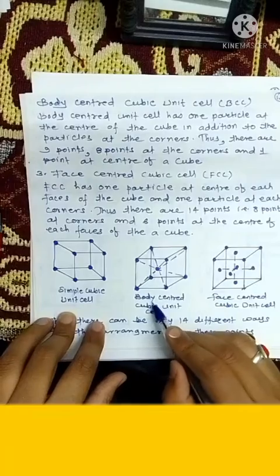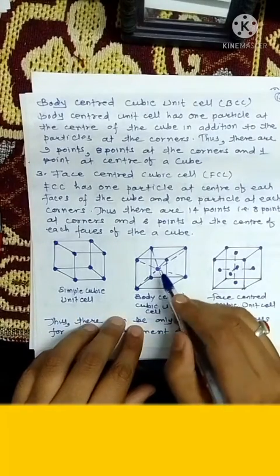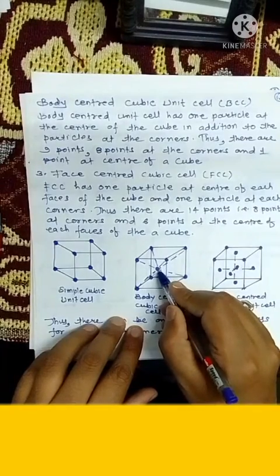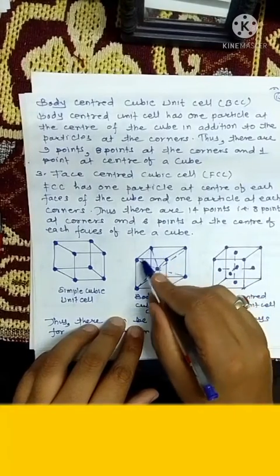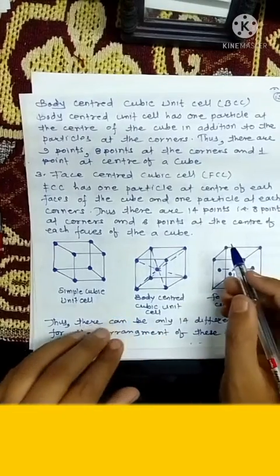So, just see the diagram of body centered cubic unit cell. In this we clearly see that this particle is present inside the cube, while 8 particles are present at the corners of the cube.